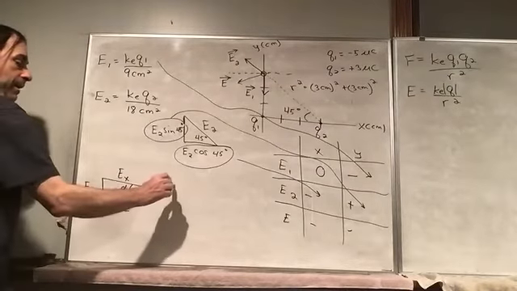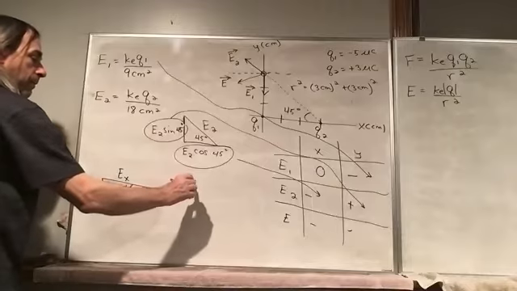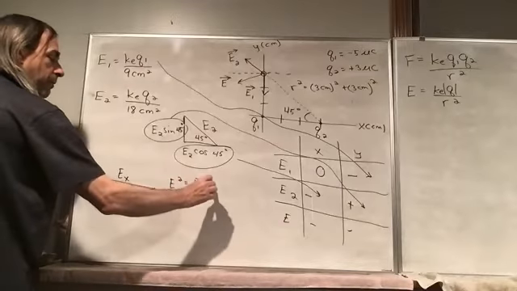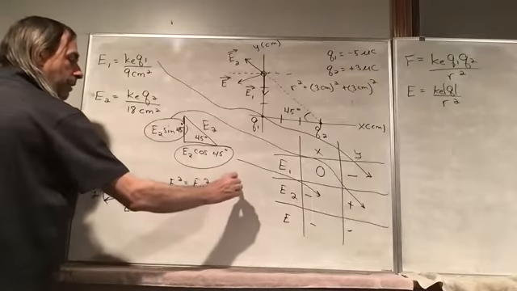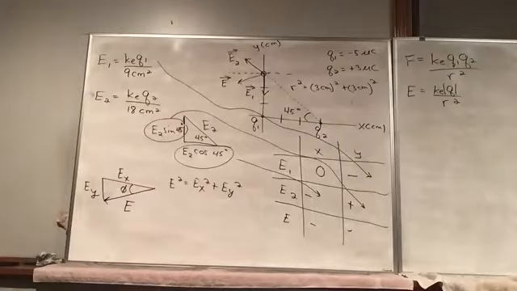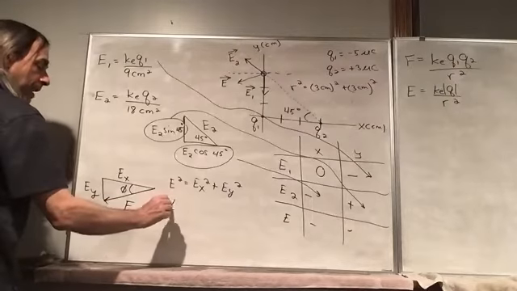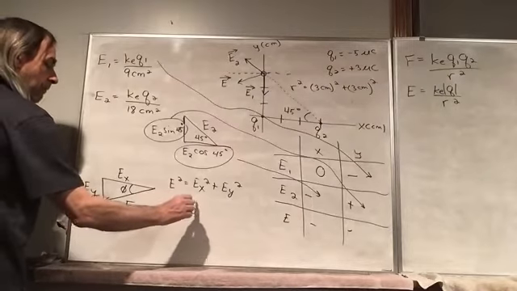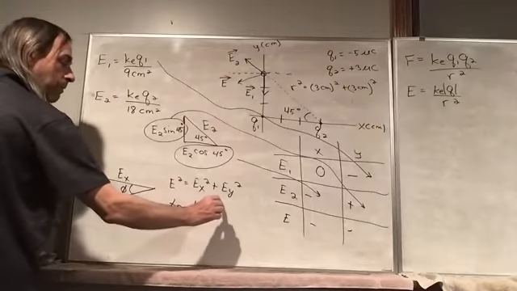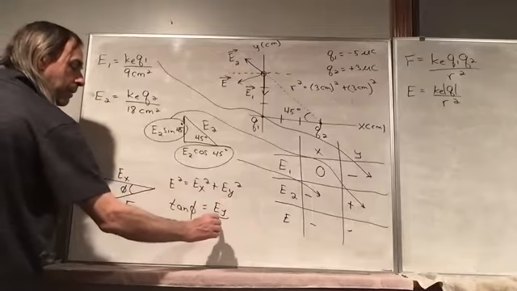Then we can say that E squared is EX squared plus EY squared, since we want the magnitude of the electric field. And then we can say tangent of phi would be EY over EX.